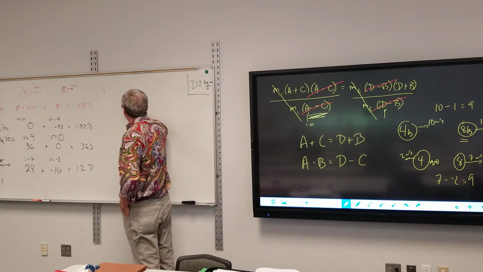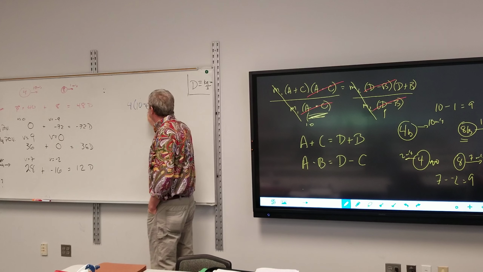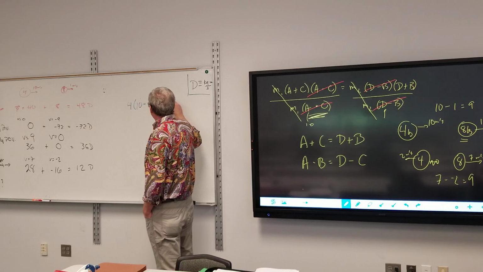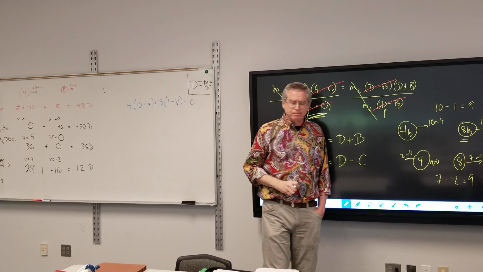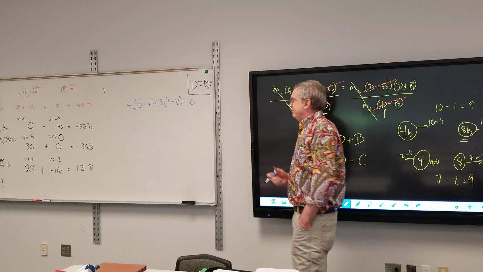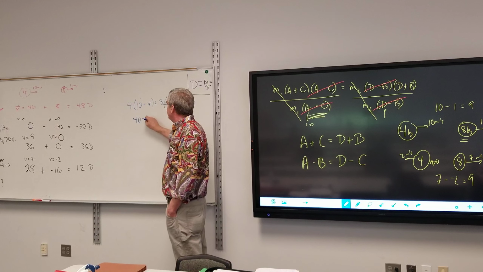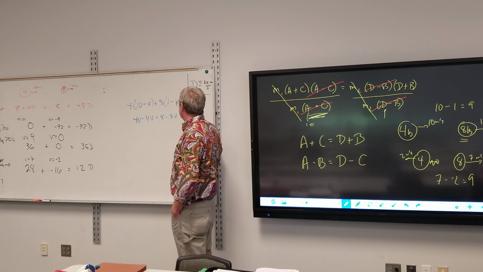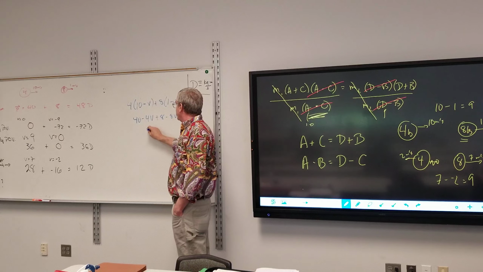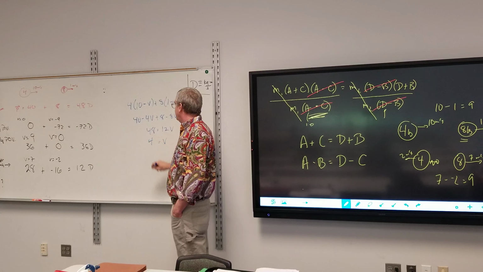I've got 4 times 10 minus whatever that speed is, plus 8 times 1 minus whatever that speed is, and I want my total to be 0. One equation, one unknown: 40 minus 4v plus 8 minus 8v is equal to 0. 48 is equal to 12v, so v equals 4.